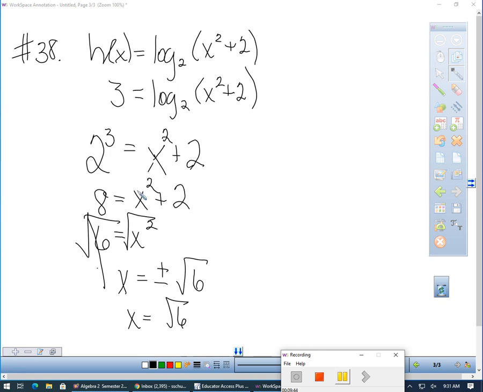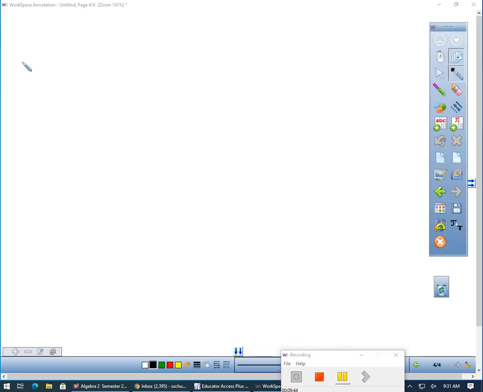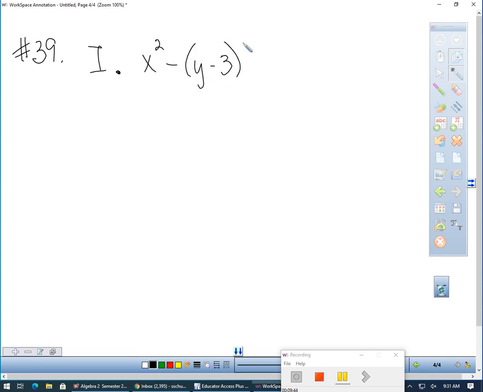All right, for number 39, let's try that one. On number 39, it gives you 3 different ways that y and x are related. You need to decide which ones define y as a function of x. So first of all, the first one is x squared plus y minus 3 squared equals 4.